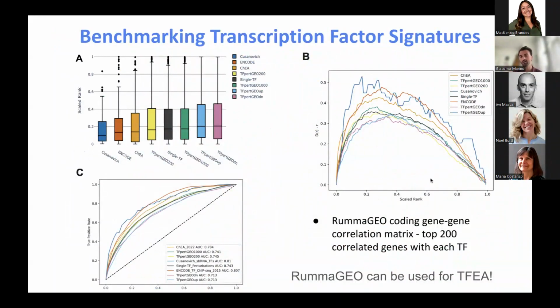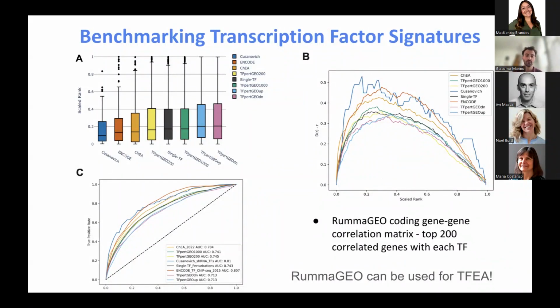So with those transcription factor gene sets, we know that they're in the signatures. So one approach that we tried was to create a correlation matrix of coding genes from the randomly selected RamaGeo signatures. And then we take the top 200 correlated genes with each transcription factor. And this allows us to create a transcription factor gene set library from RamaGeo. And we can benchmark this with a variety of libraries.